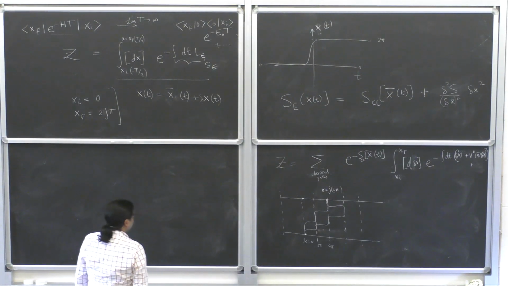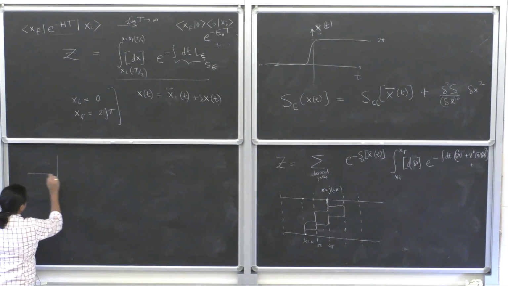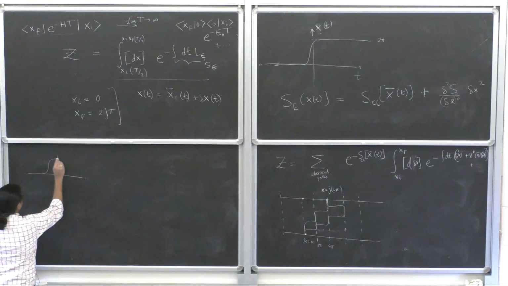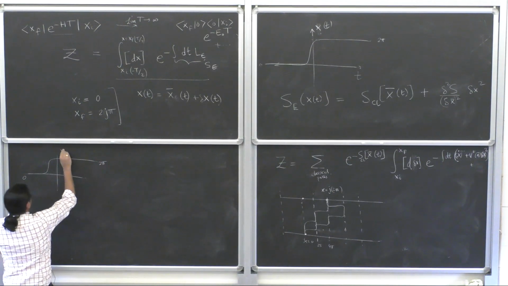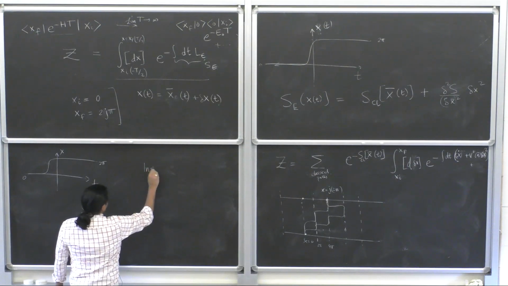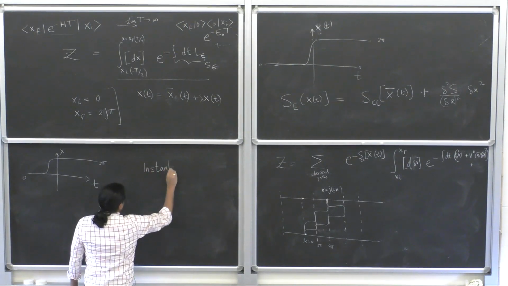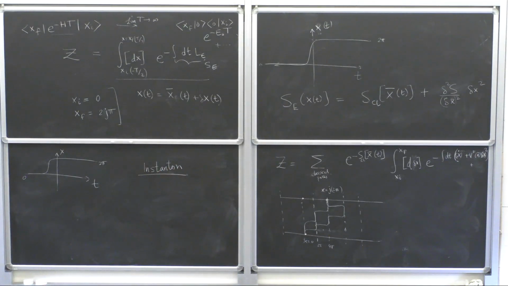So this semi-classical path that we just described, from q equals 0 to 2 pi, this solution is called an instanton. It's called an instanton because it's localized in time.